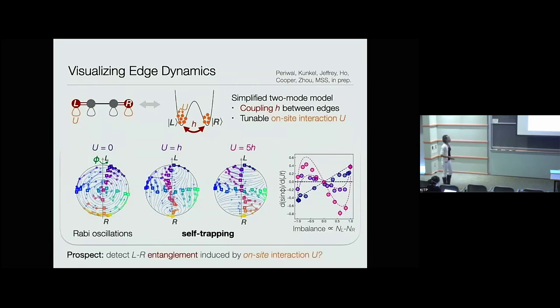It's mean field dynamics, but a nice first demonstration of using the cavity to probe a non-local feature of a topological system. And at some point, it might be fun to also go beyond mean field dynamics and ask, can we, for example, look at the quantum fluctuations and see signatures of entanglement induced by this on-site interaction?